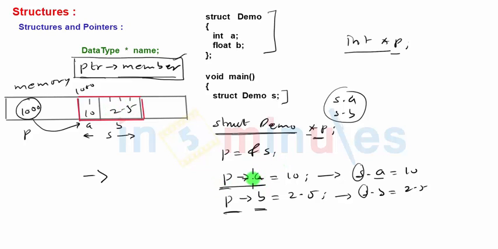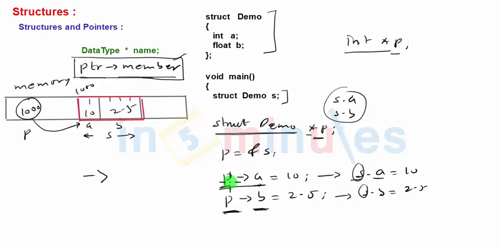I'll read it again: p arrow a equal to 10 stands for put value 10 into variable a in the structure referred by p. In the same way p arrow b stands for put value 2.5 into variable b in the structure referred by p. So just like it's a of s, it is a of p referred by the pointer, or b of p referred by the pointer.